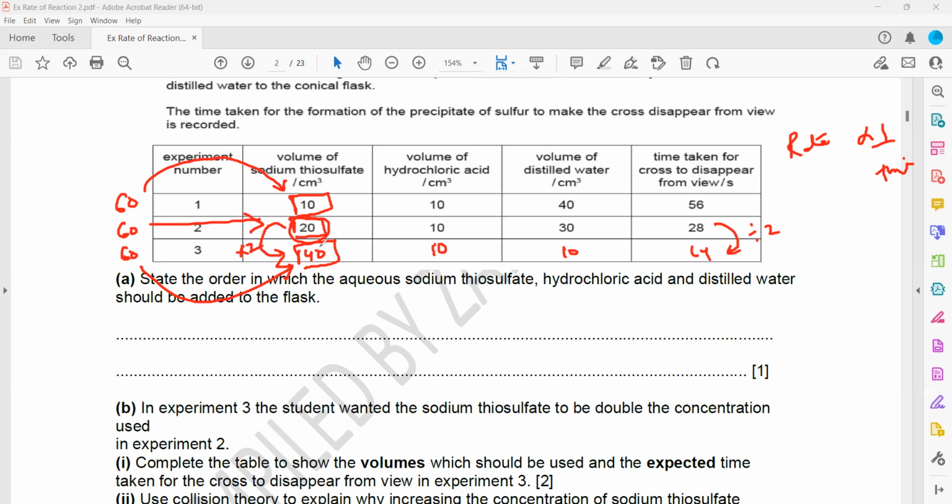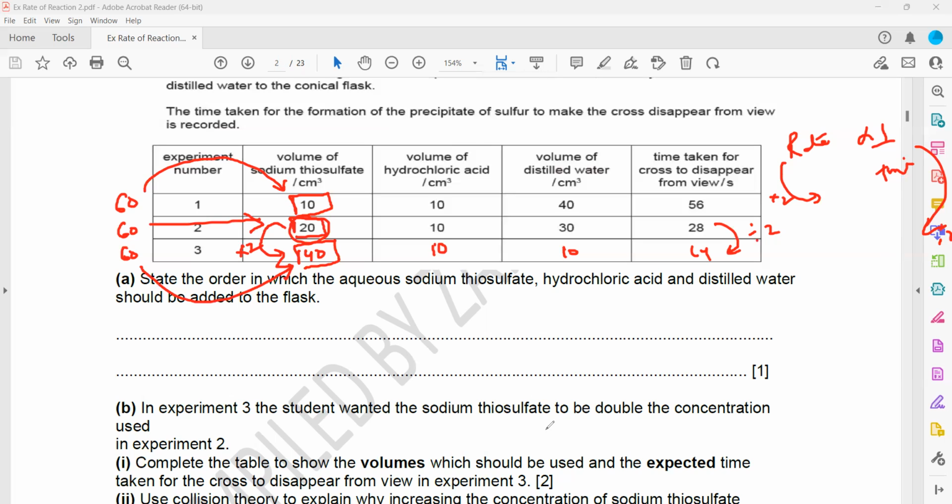So if this solution contains a greater volume of thiosulfate in the mixture, it means there are more particles of thiosulfate. If there are more particles of thiosulfate, they will react faster. As a result, the rate of reaction will increase. And if the rate is double, what will happen to the time? The time will be half.